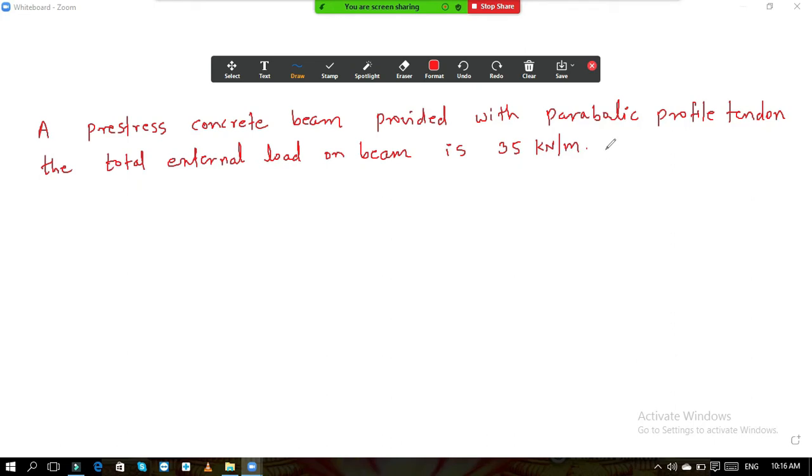Calculate the extreme stresses for the midspan section.